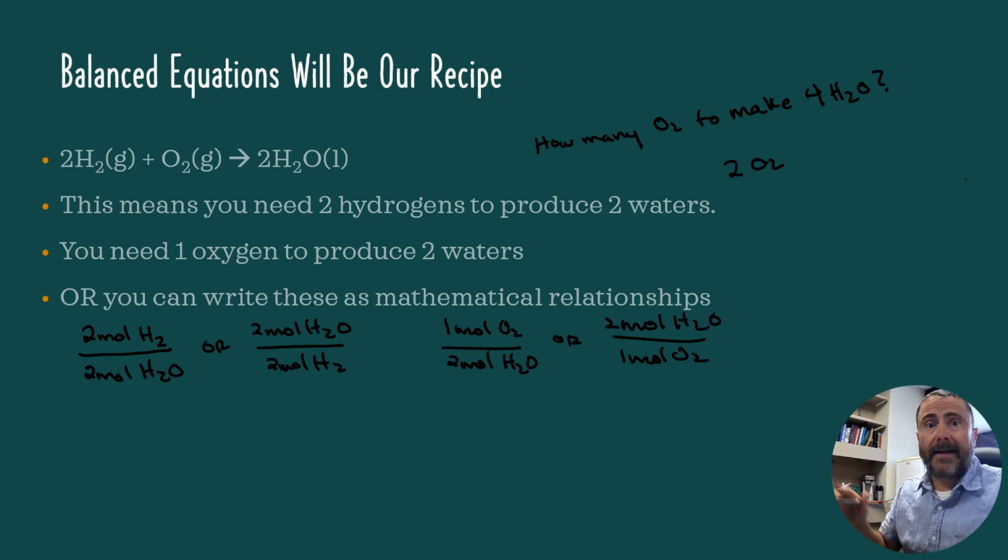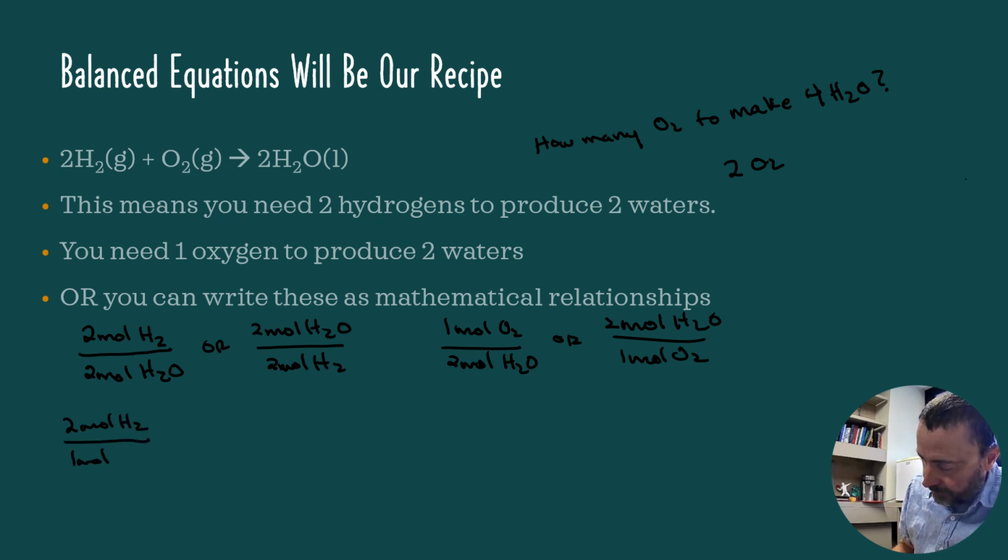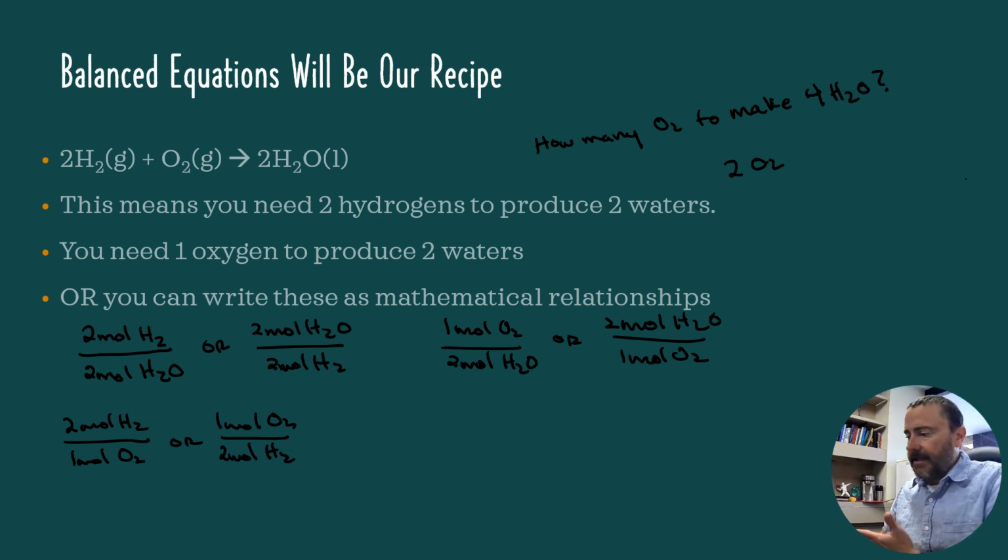And there also doesn't have to be reactants and products. They could both be the reactants. So it could be 2 moles of hydrogen per 1 mole of oxygen, or 1 mole of oxygen per 2 moles of hydrogen. All right, now let's see what I did there.